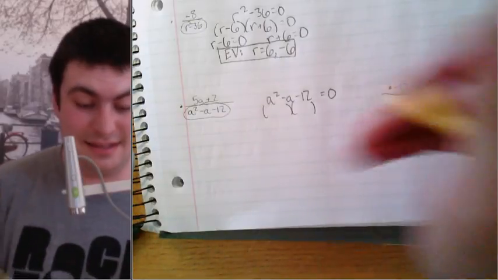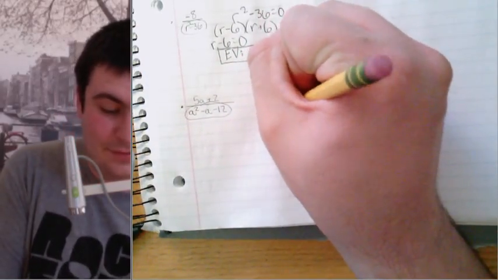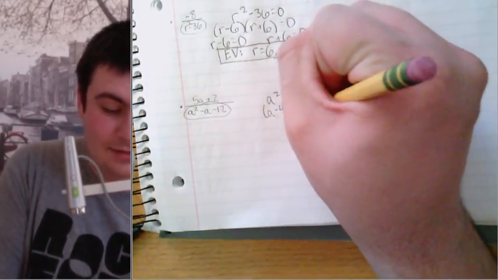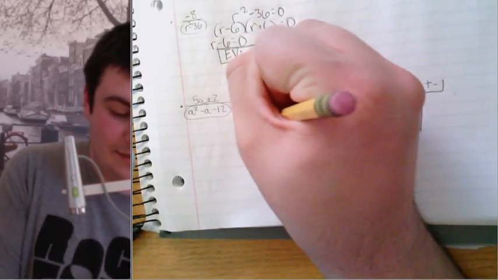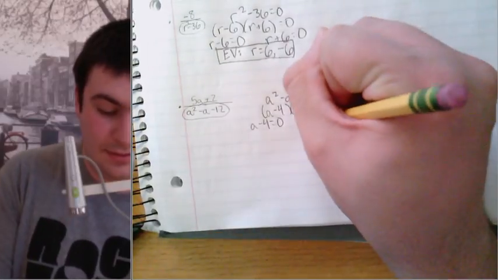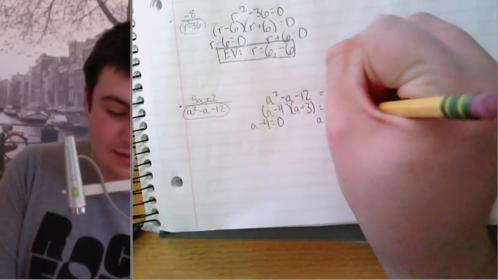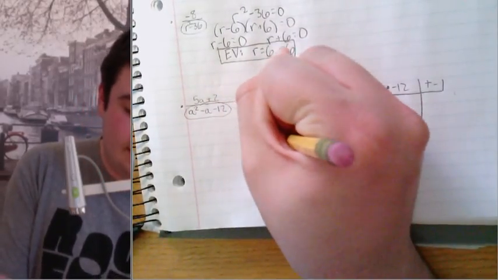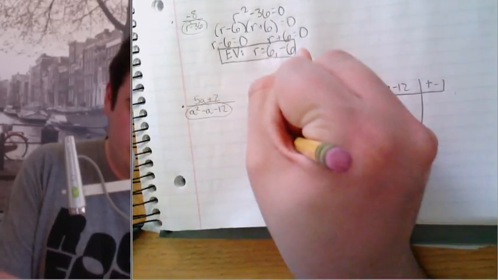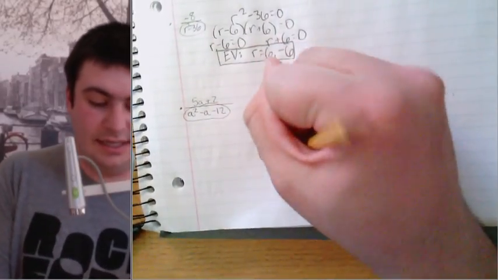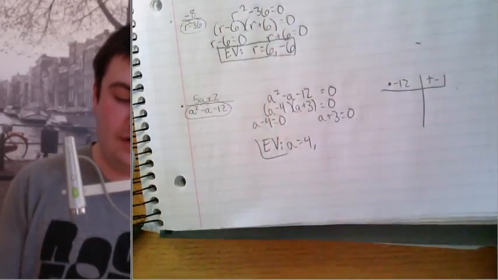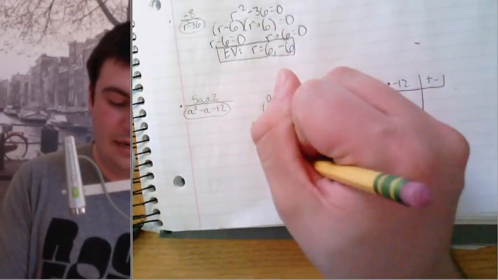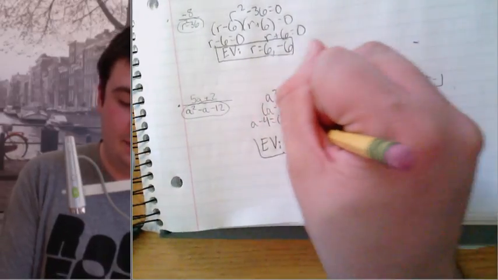Well, in fact, that is when a minus 4 times a plus 3 is equal to 0. So we say that a minus 4 equals 0 and a plus 3 equals 0. So in this case, our excluded values, we're not done yet, so I shouldn't box it up. Our excluded values are when a equals 4 or a equals -3. Now I can box it up, all right?